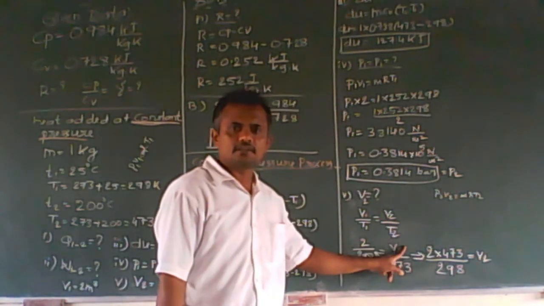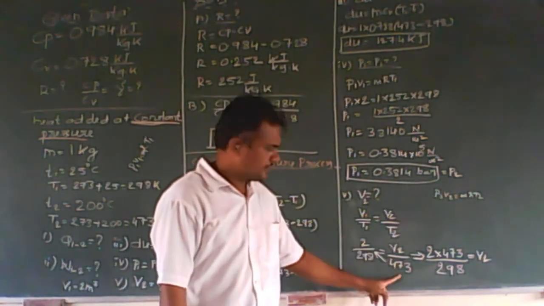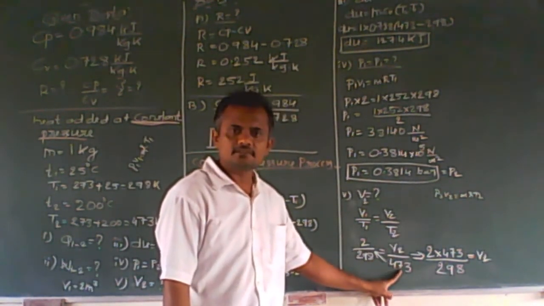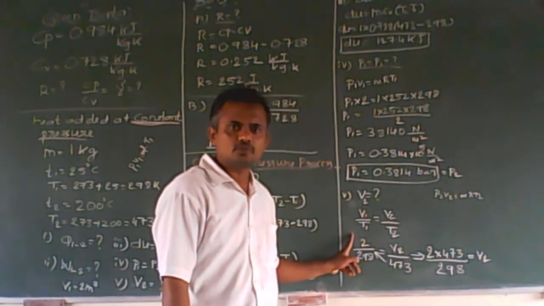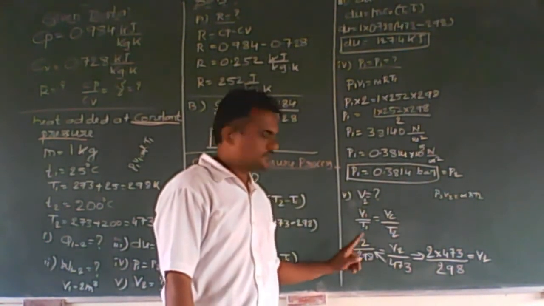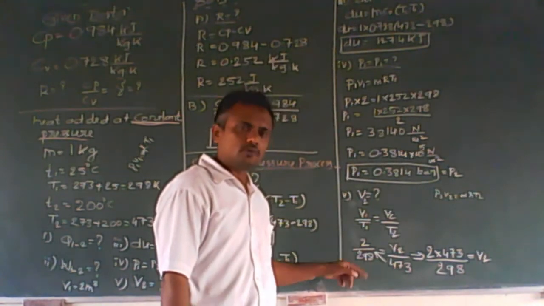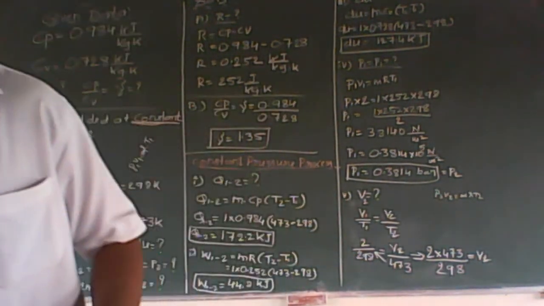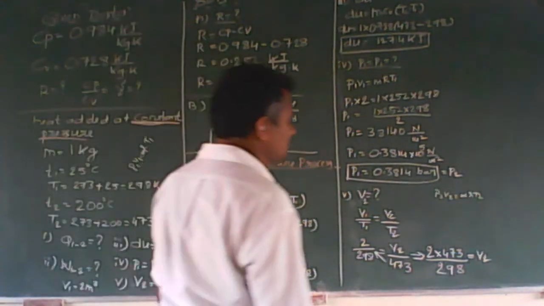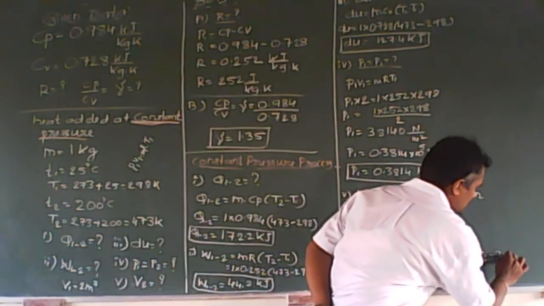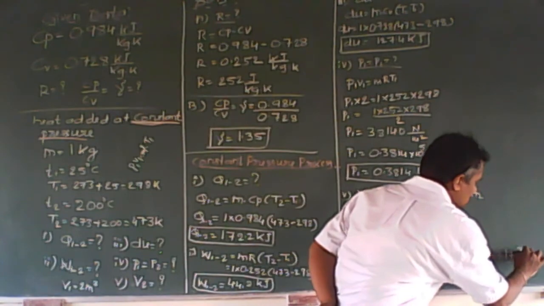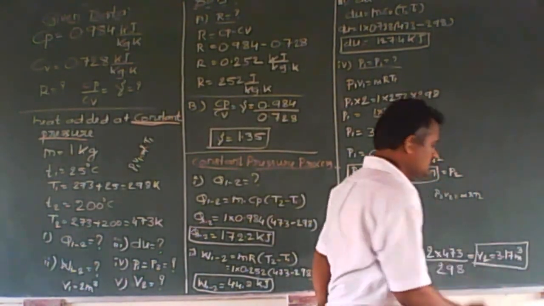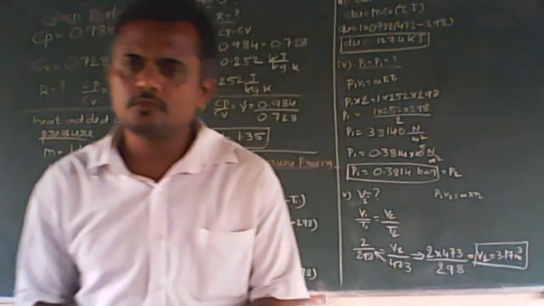V2 you can keep on the right hand side, and the denominator goes to the numerator side. So 473 multiplied by 2 whole divided by 298. After calculation with the help of a calculator you can write 3.17 meter cube.